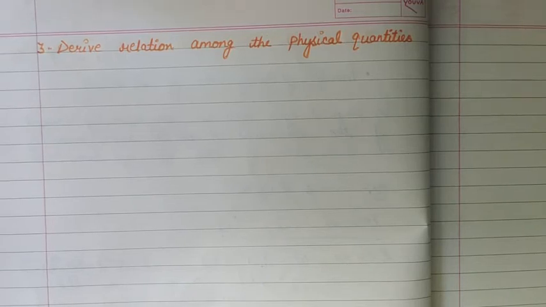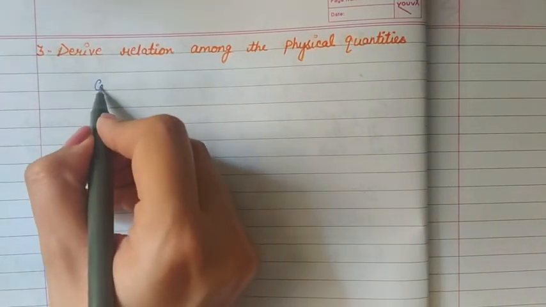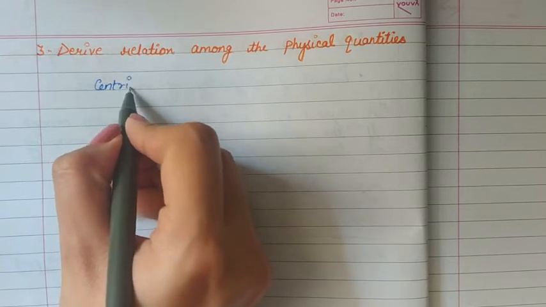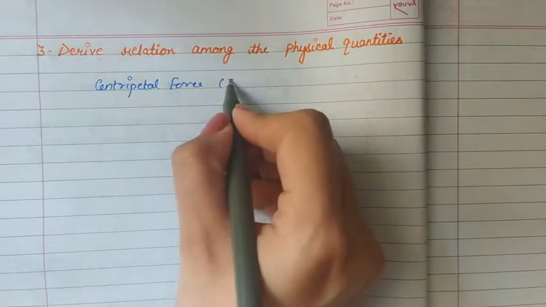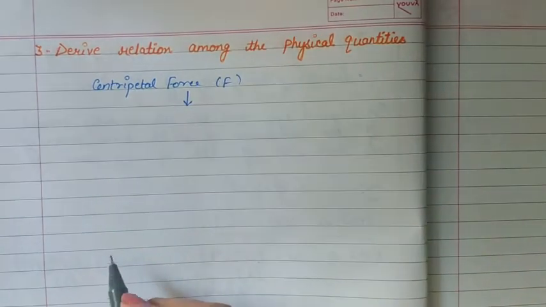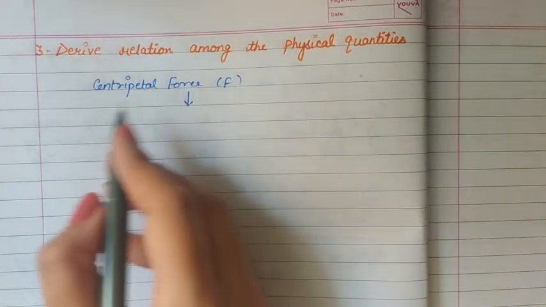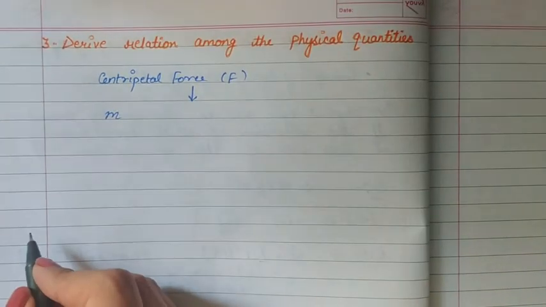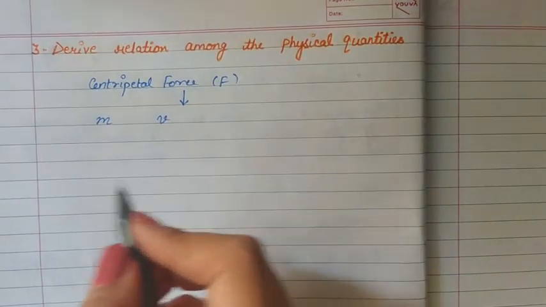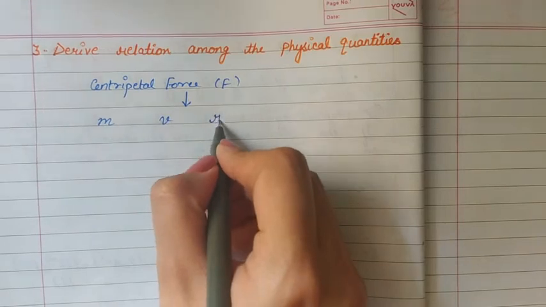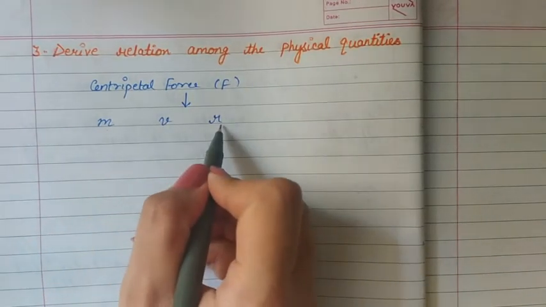All right, so we are taking the example of centripetal force capital F, and we know the factors on which it depends, as I am saying that this centripetal force is acting on a particle of mass m moving with velocity v, and it is moving in a circle of radius r. So this centripetal force actually depends on these three factors.